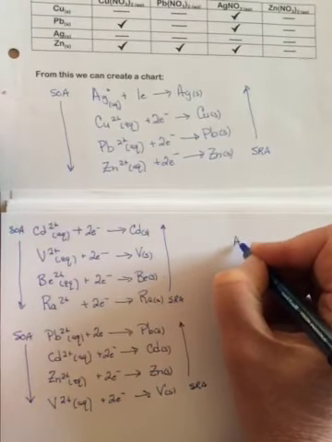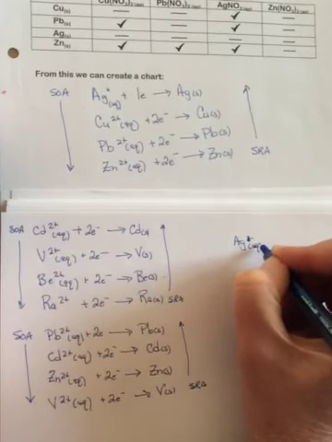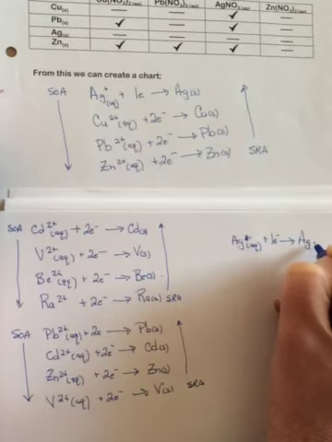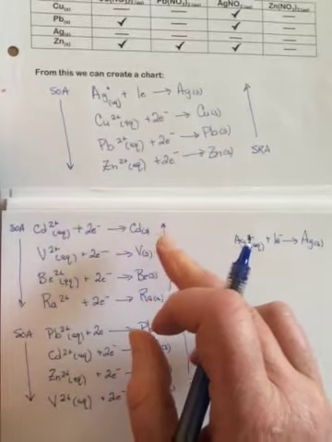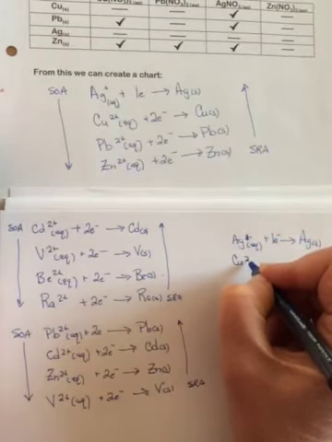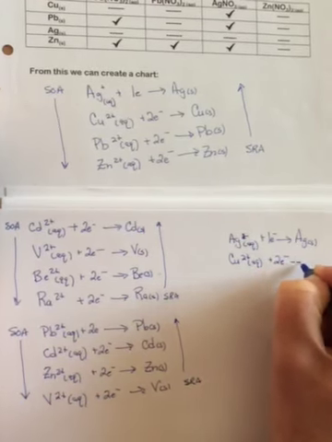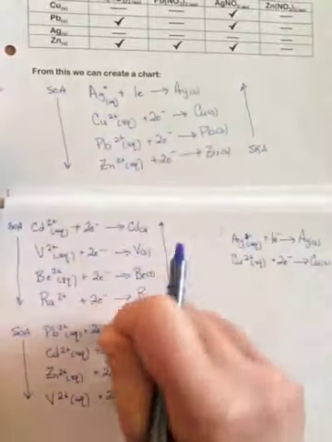So in our new combined table, Ag+ aqueous plus 1 electron going to Ag solid is the strongest overall oxidizing agent. And next to it is copper, Cu2+ aqueous plus 2 electrons going to Cu solid. How do I know that?